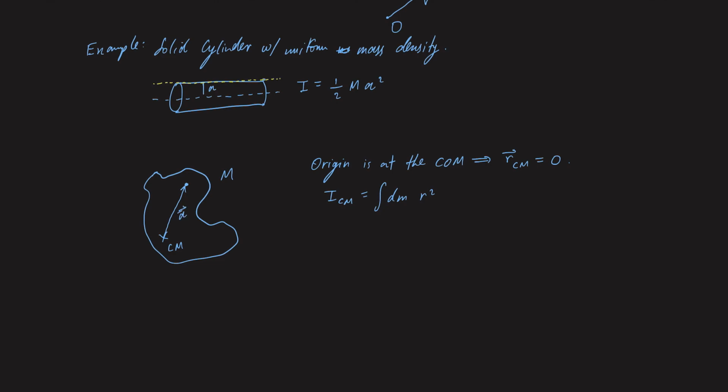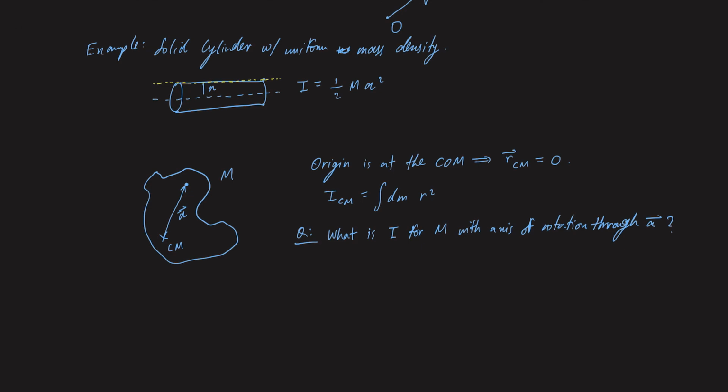So it's located at a distance vector a, and our question is, what is I, the moment of inertia, for the mass m with axis of rotation through vector a?